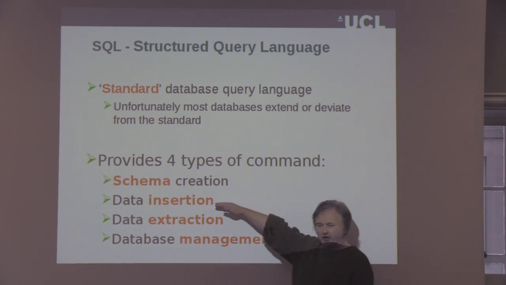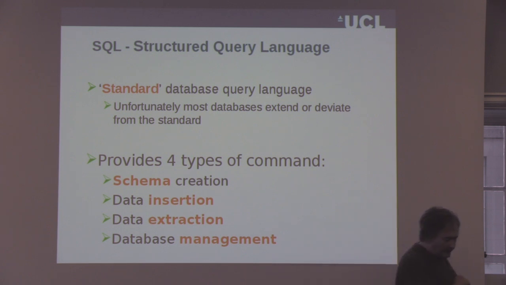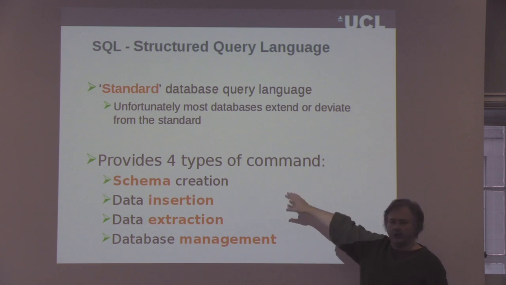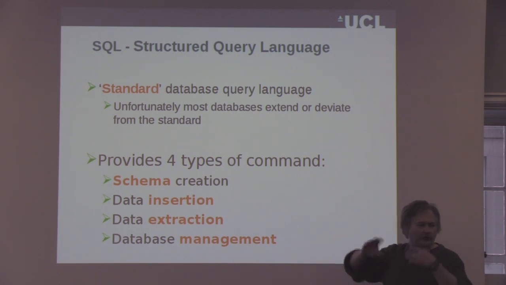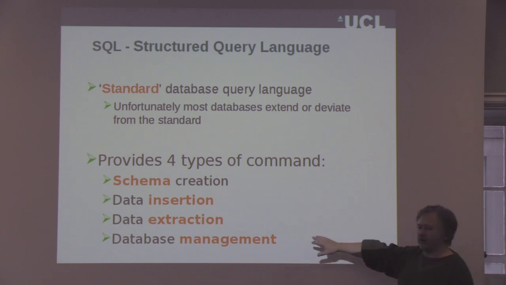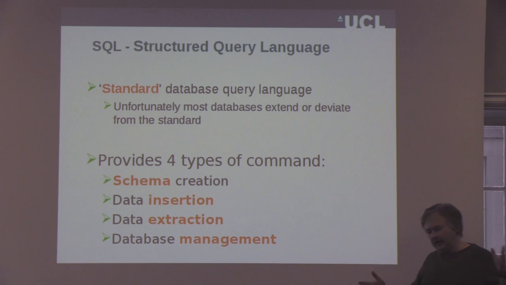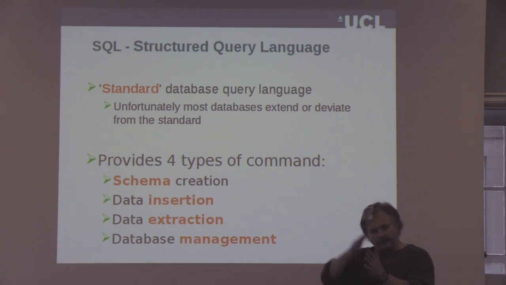You then have commands for inserting data into the tables, commands for extracting data from the tables, and finally database management commands, which allow you to create users and grant them permissions to insert data into particular tables or pull data out of tables and so on. Also commands for creating indexes, because one very important thing when you've got a big table is that you have some way of being able to jump to the right bits of data very, very quickly.